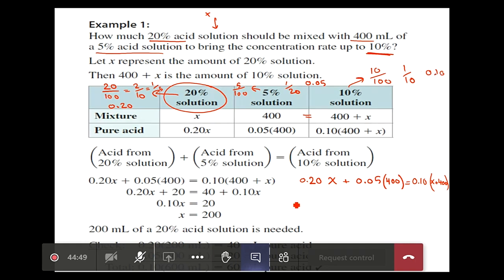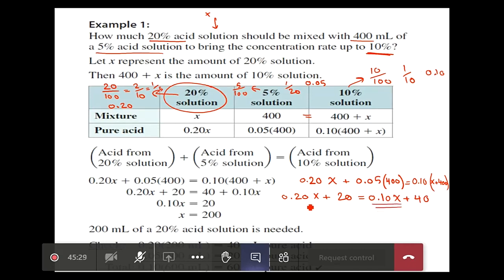Now we can solve. 0.2 X plus 400 multiply by 5 over 100, so we have 20 equal 0.10x plus 10 over 100 multiply 400, so we have 40.